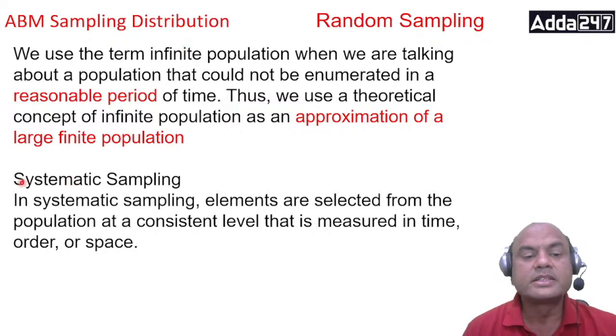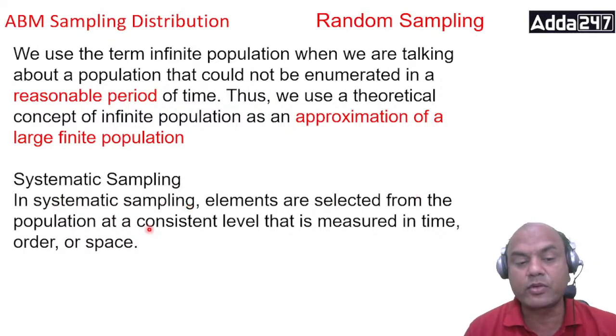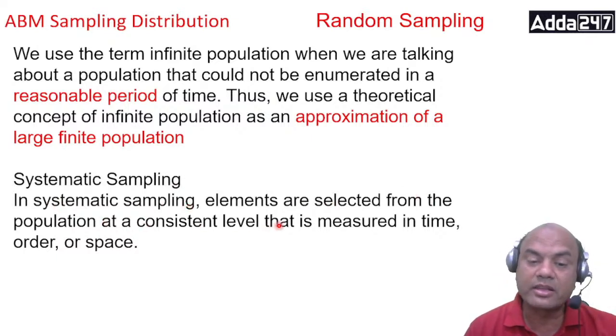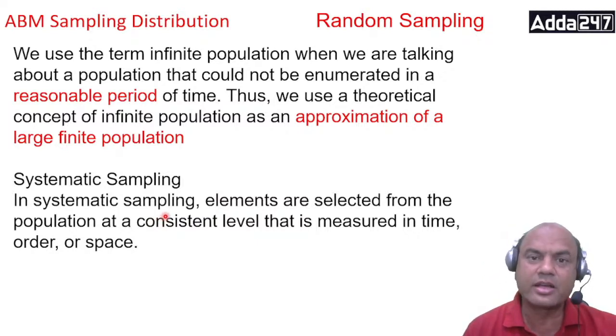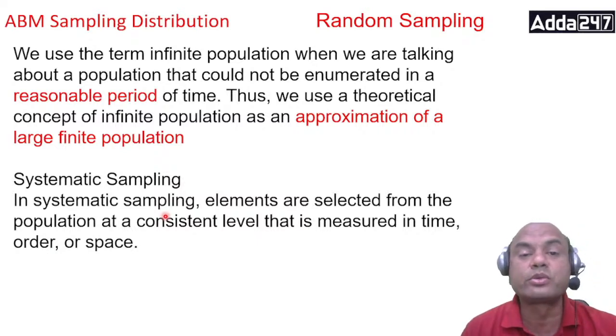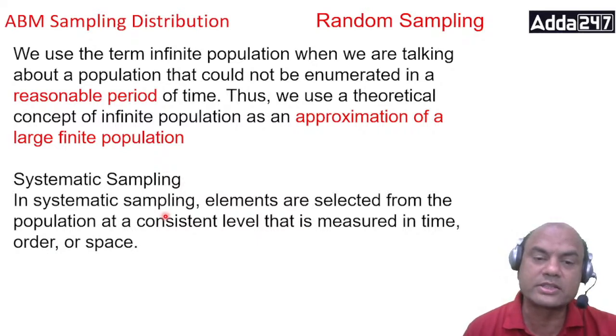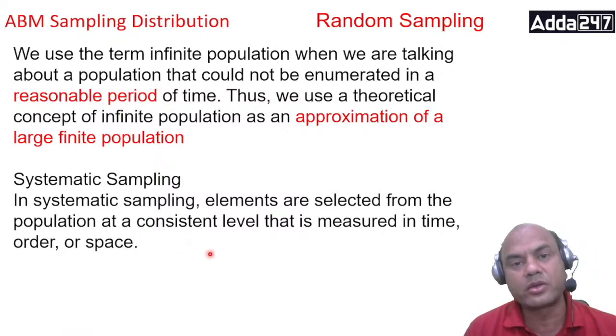Systematic sampling. In systematic sampling, elements are selected from the population at a consistent level that is measured in time, order or space. Now consistent level, what do you mean by this? Just now I showed you on that slide: every 5th student in a class of 60 students will stand in a row and come out.